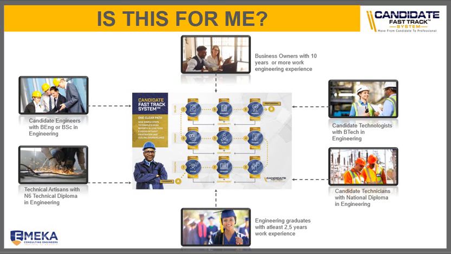This program is for candidate engineers with a BEng or BSc in engineering. Okay, this program is also for candidate technicians with a national diploma in engineering. Also, this program is for technical artisans with an N6 diploma in engineering. So this program is also catered for graduates with at least 2.5 years experience working towards their final 3-year experience.